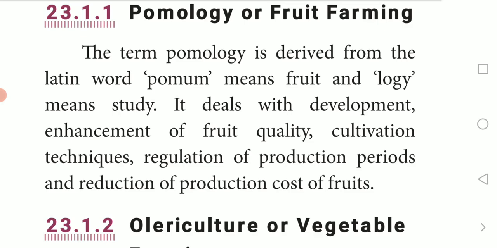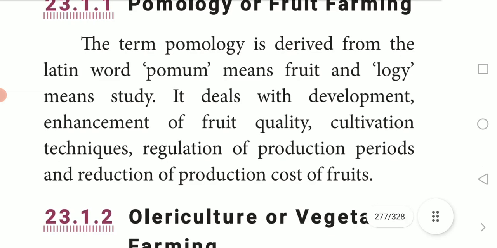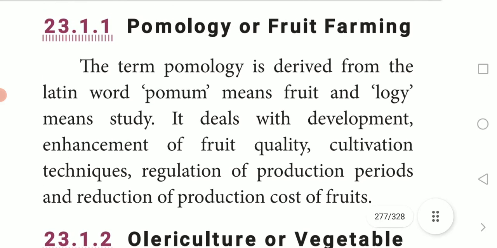So it gives more development and good fruit quality, different cultivation techniques are used, and regular production of fruits. As production increases, the cost of fruits also becomes less. That is what we call pomology, or fruit farming.